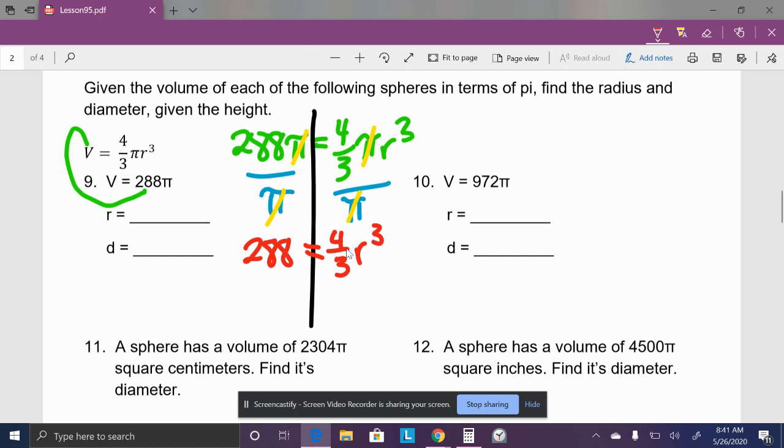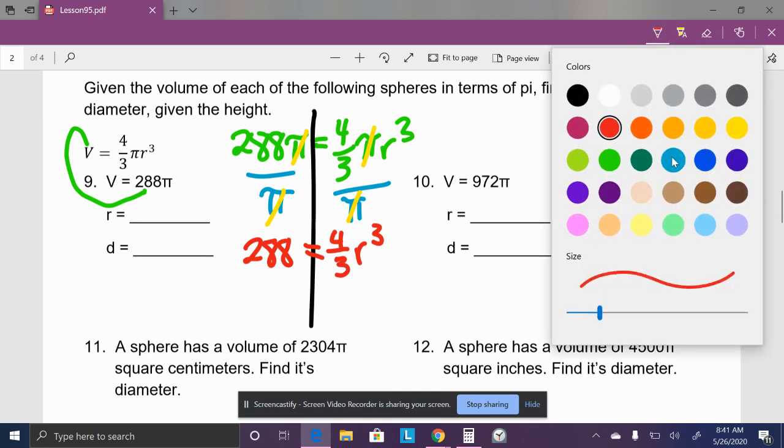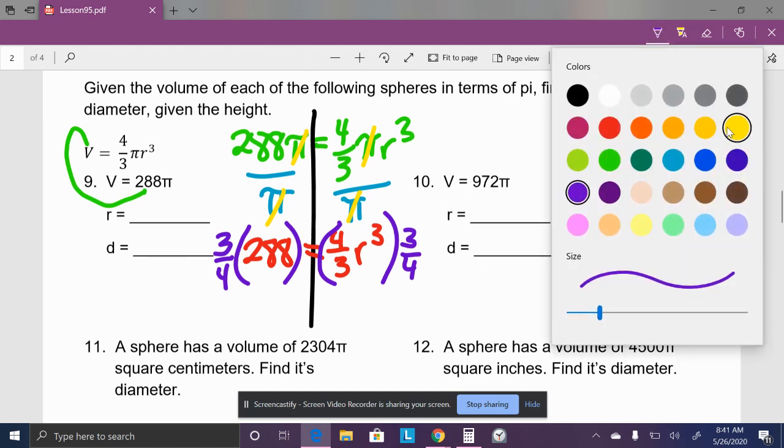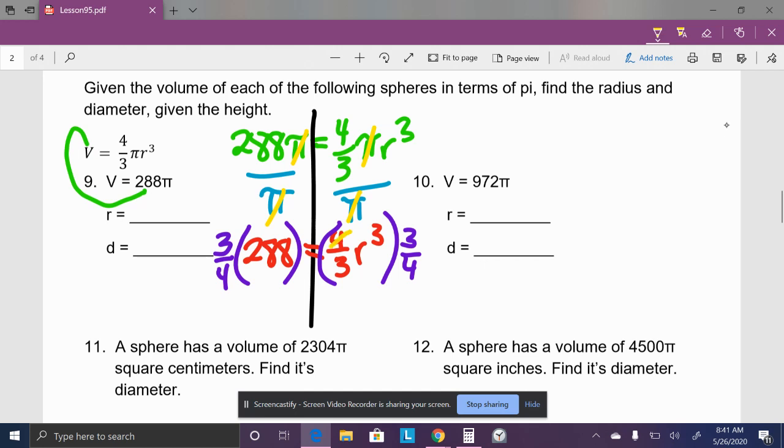Now, in order to get rid of a fraction, you have to multiply both sides by the reciprocal. So when I multiply both sides by the reciprocal, that helps me cancel out the fraction. 4's cancel, the 3's cancel.